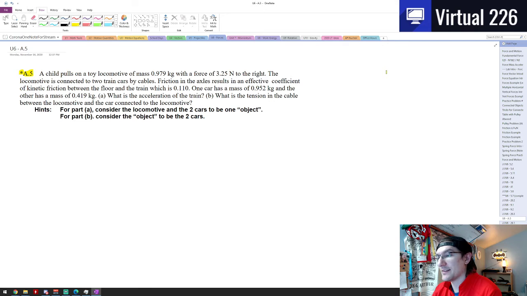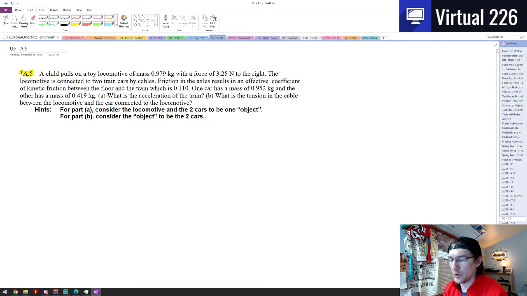One car has a mass of 0.952 kilograms, and the other has a mass of 0.419. What's the acceleration of the train, and what is the tension in the cable between the locomotive and the car connected to the locomotive? I feel like I just read War and Peace, but let's work through this, okay?